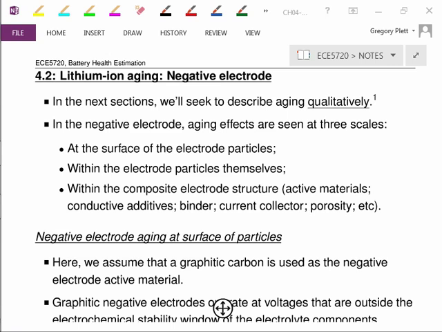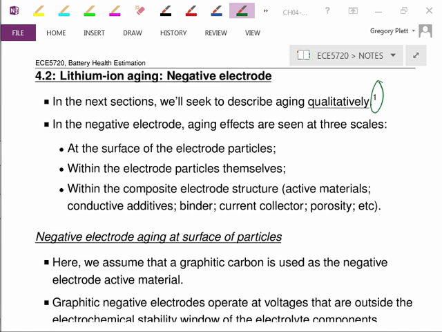This is based primarily on the paper cited at the bottom of the page by Vetter and some colleagues. That is a survey paper that brings together a lot of information from a lot of places to summarize what was known at that point in time about how lithium-ion cells age.